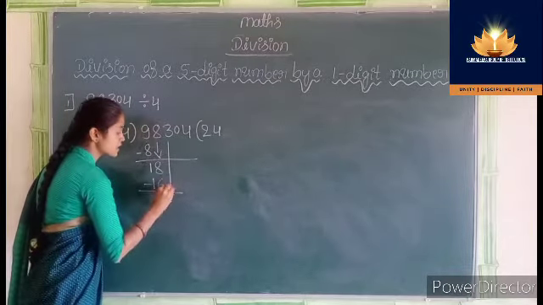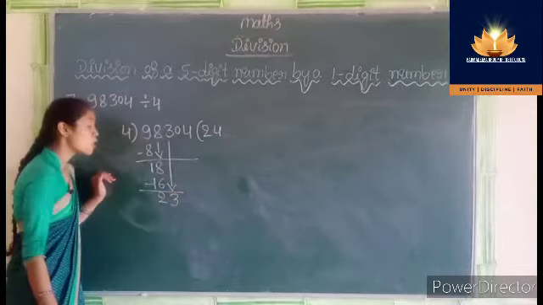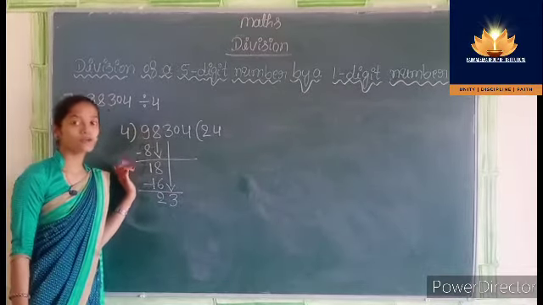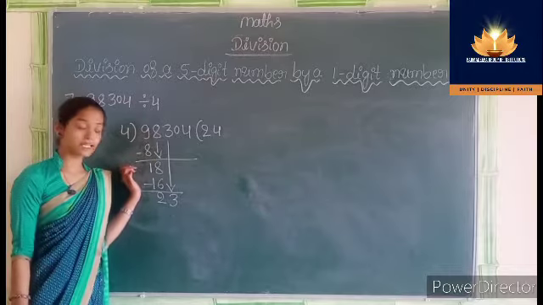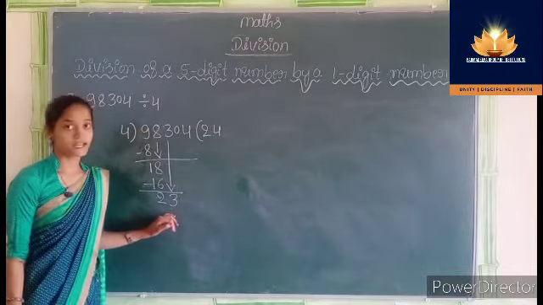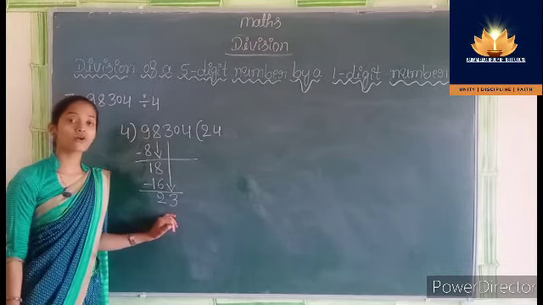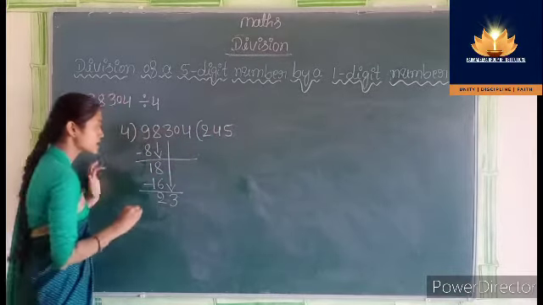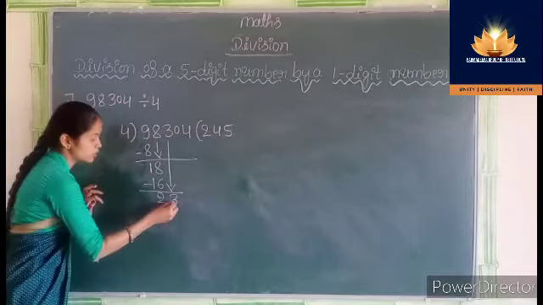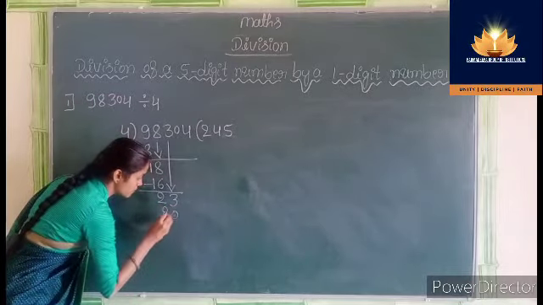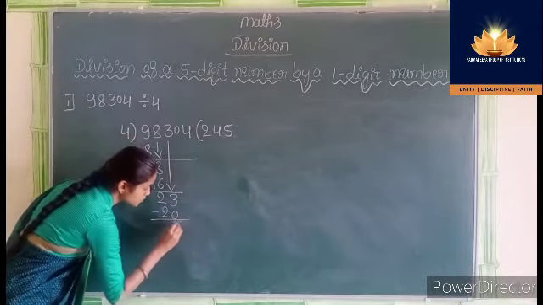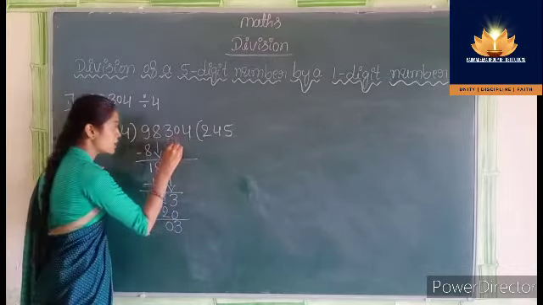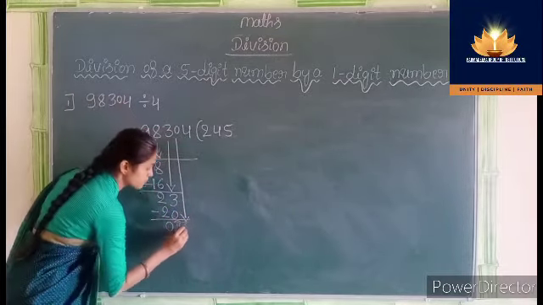Now bring down this 3. 4 fives are 20, 4 sixes are 24. 24 is greater than this 23. That's why we have to consider 4 fives are 20. 5 should be written in the quotient place. Then write 20 below this 23. 3 minus 0, that is 3. 2 minus 2, 0. Then bring down this 0.